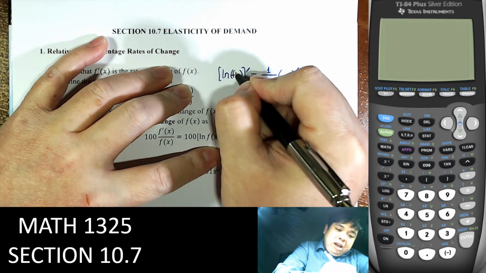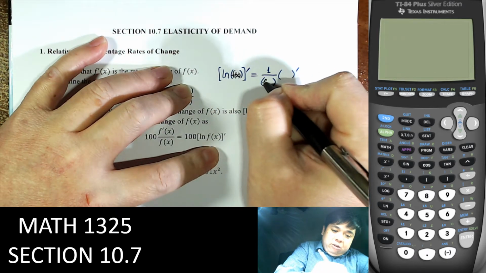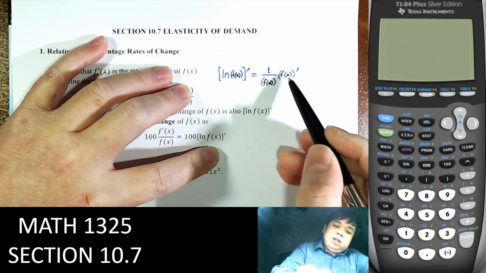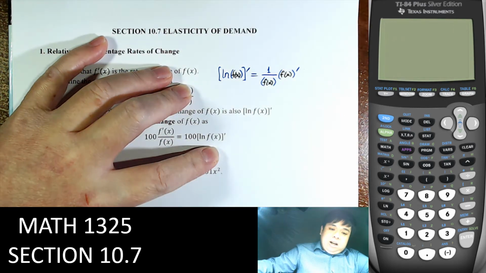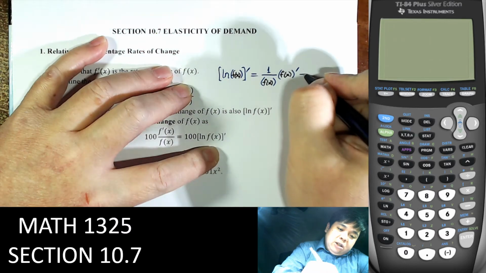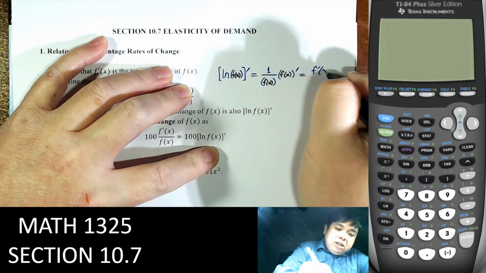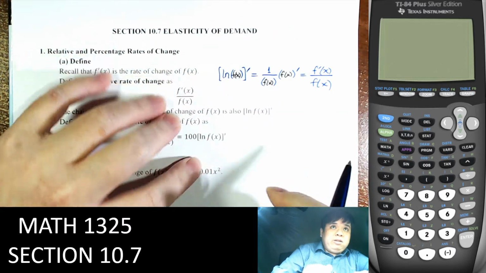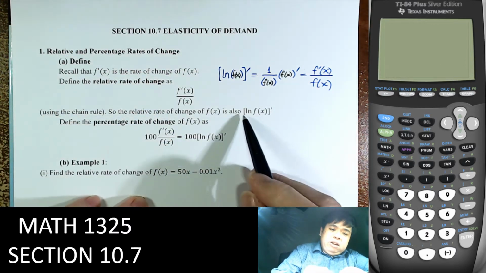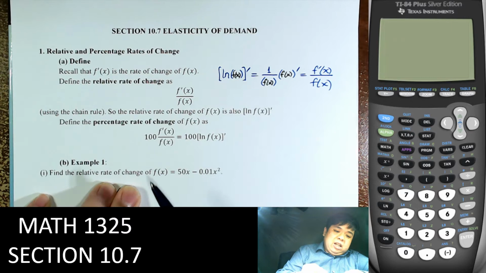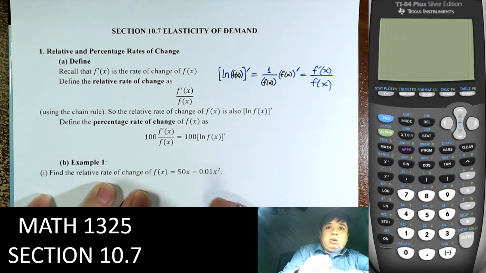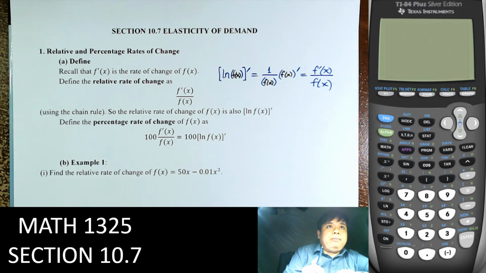If it happens to be f of x, then we have 1 over f of x, and then f of x in the parentheses, which gives us the derivative of the function f of x. So we have f prime of x over f of x, and that is the relative rate of change, which is the derivative of Ln of f of x.